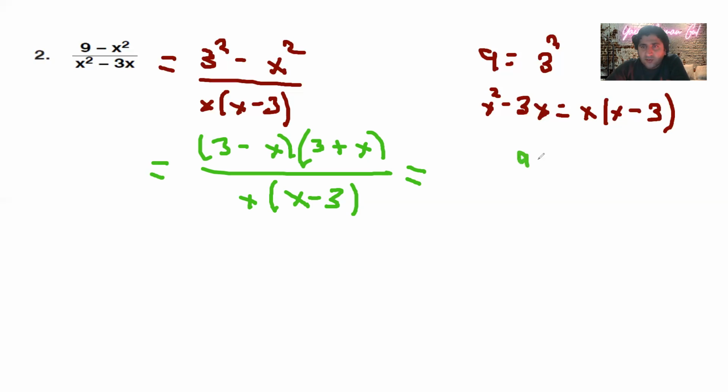There was a rule here. You see, a minus b divided by a minus b equals 1. But a minus b divided by b minus a, you see, this is different. So how can we get them the same? We multiply either this or this by negative 1. Then they will be the same.